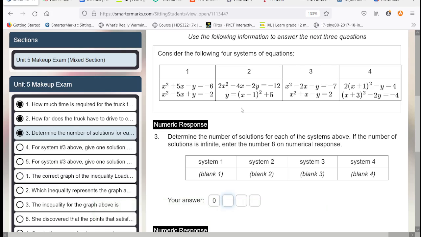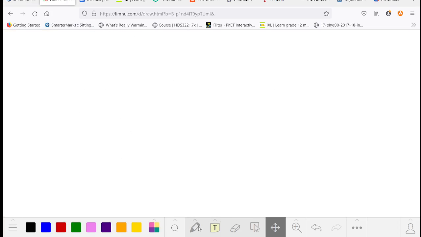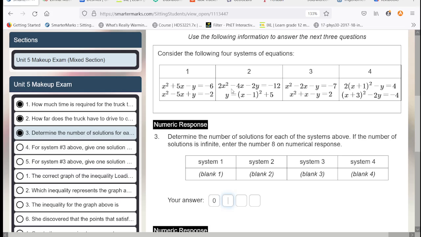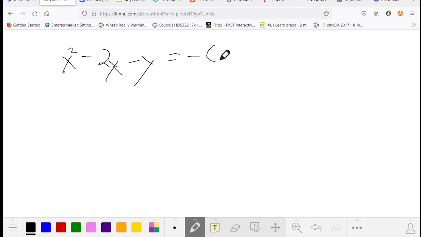Now in our next one, we need to find how many solutions we're going to have here. So our first equation, we'll end up dividing it by 2. If we divide this by 2, our 2x squared minus 4x minus 2y becomes x squared minus 2x minus y equals a negative 6.